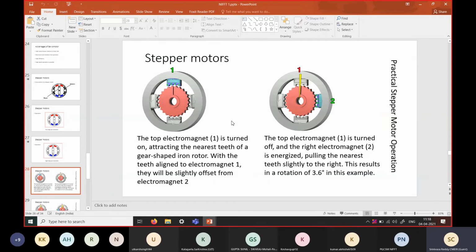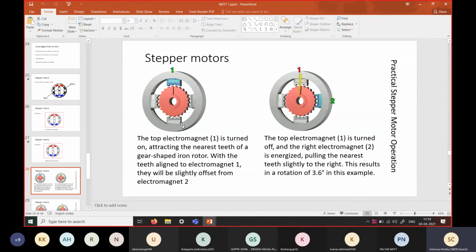One more thing: the stator magnets need to be continuously turned on and off. So in this case we cannot use permanent magnets on the stator, because we cannot turn off the magnetic field of a permanent magnet. So it has to be an electromagnet. When the coil is energized, a magnetic field is produced, and when it is turned off, the magnetic field disappears.